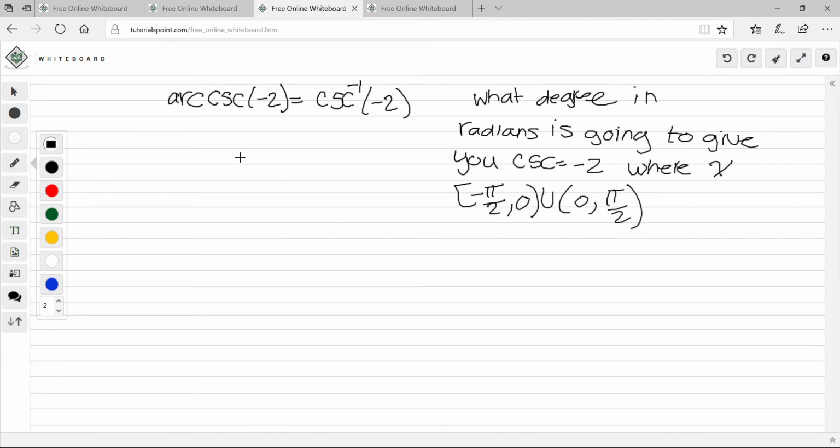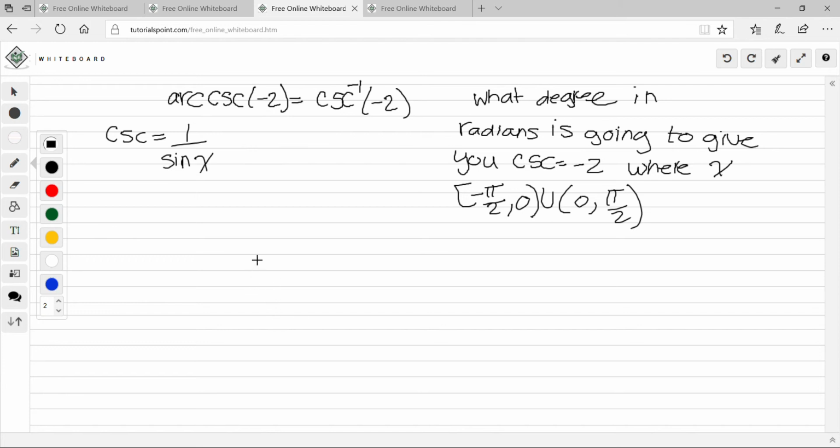So what is cosecant? Cosecant of alpha is the same thing as 1 over sine of alpha, right? So we want 1 divided by something to give us -2. That's what we want.